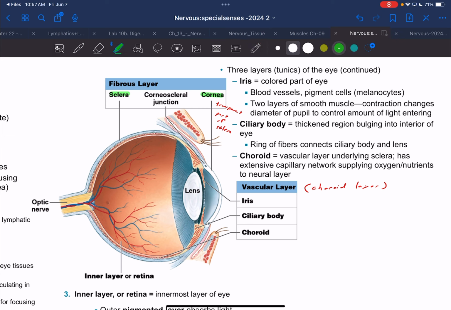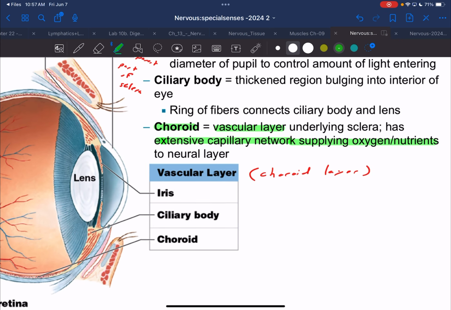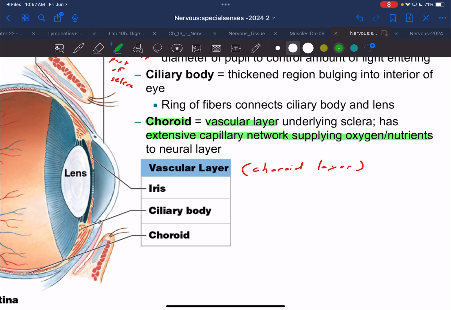The choroid in and of itself means vascular layer, which means to have a capillary network. And we know what capillaries do. They supply oxygen and nutrients to anything that they are near. And so they're supplying it to the neural layer, which is coming up next.